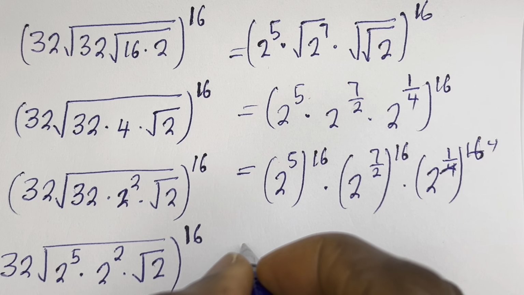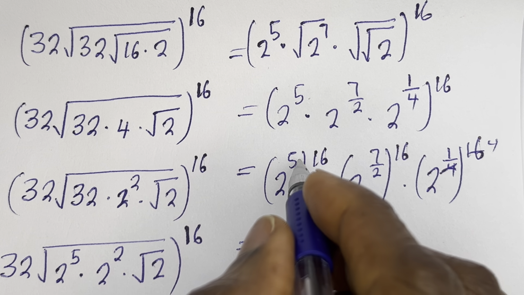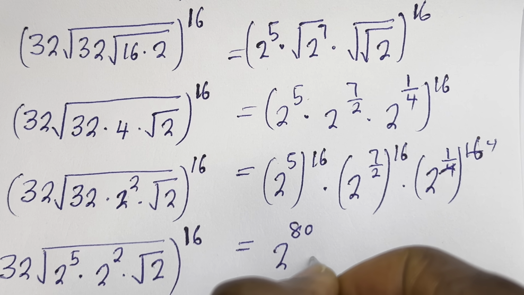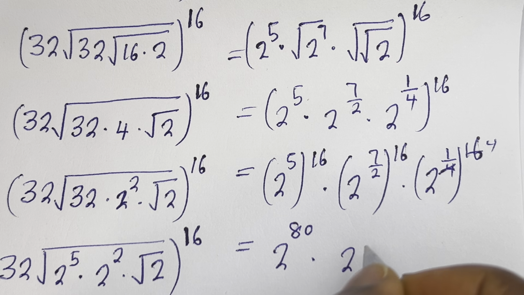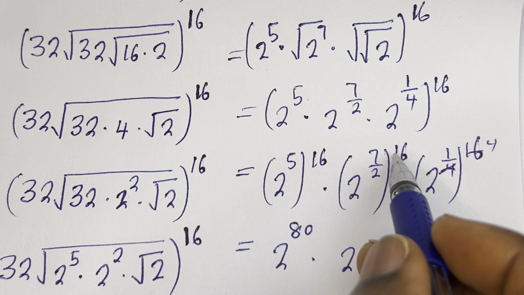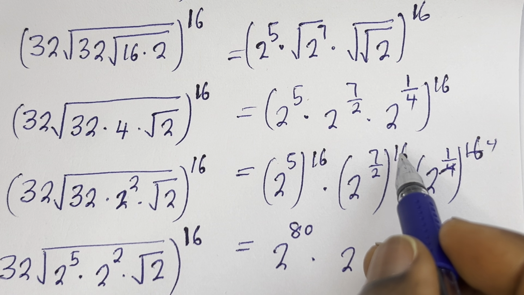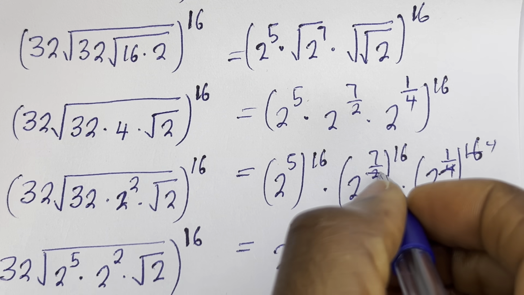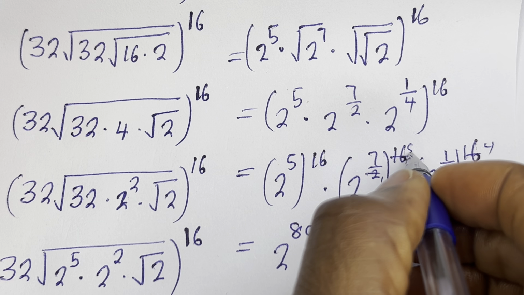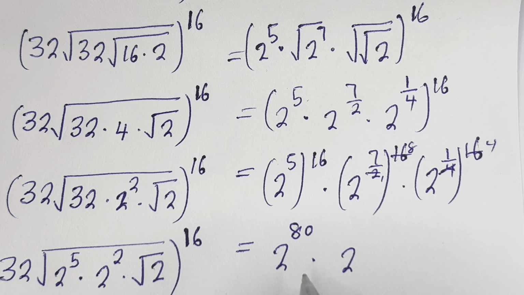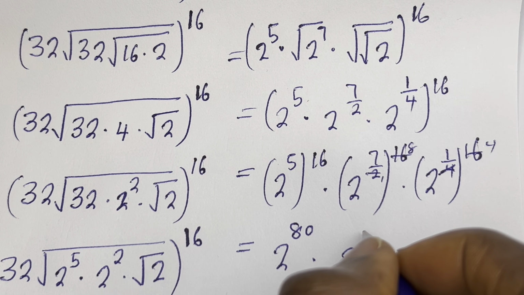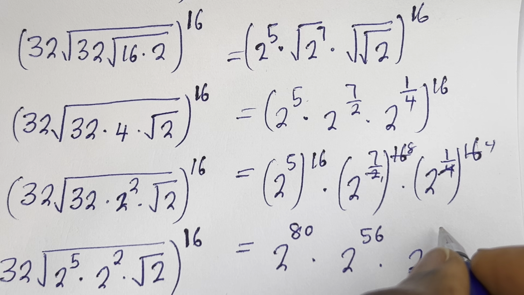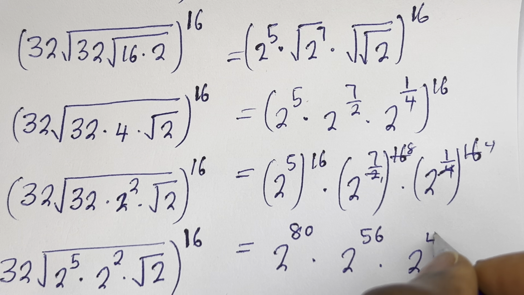So this is equal to 2 to the power of 5 times 16, that is 80, multiplied by 2 to the power of 7 multiplied by 16, that is, 2 here 1, 2 here 8, 8 times 7, that is 56, multiplied by 2 to the power of 4.